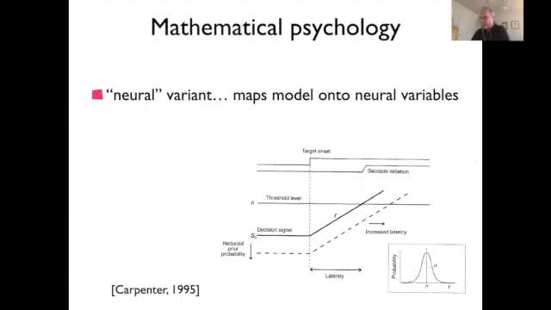However, here is a variant that is still currently being used a lot in neuroscience, a neural interpretation of an abstract model like that. In this neural interpretation, the decision variable X is the neural activity of some neurons that you try to find somewhere in the brain. The starting point is some resting level that might be varied depending on task set.